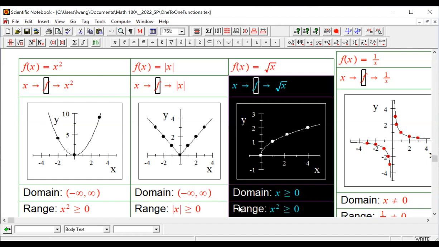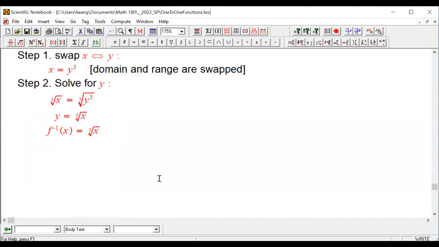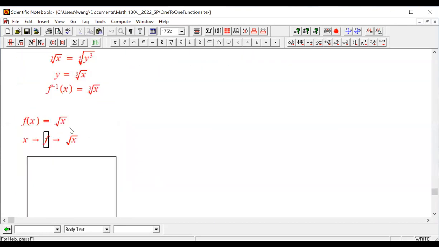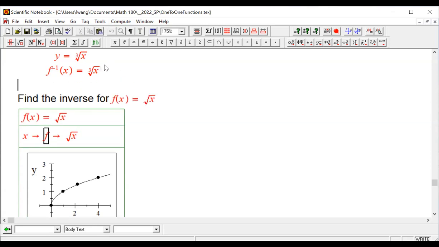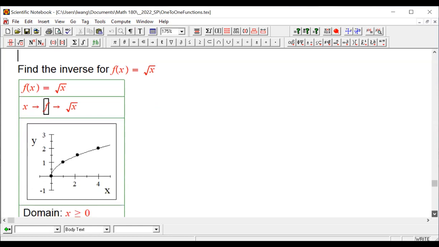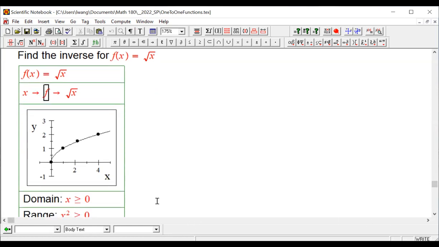Let's look at this guy. What's the inverse for that? Let's find the inverse for this one. You can see it's very important that the whole time we attach our domain and range with us. Every function has its own domain and range, which come with the function.